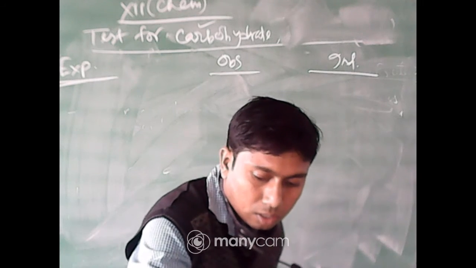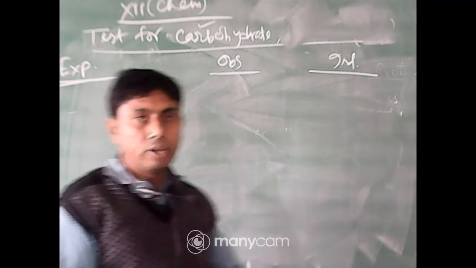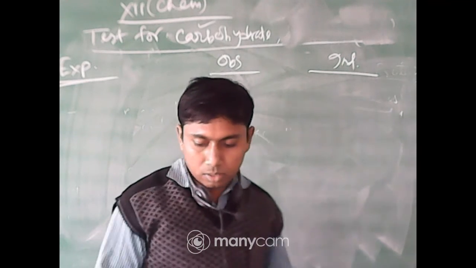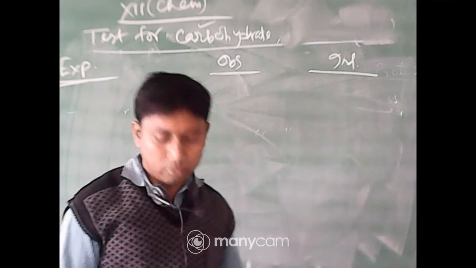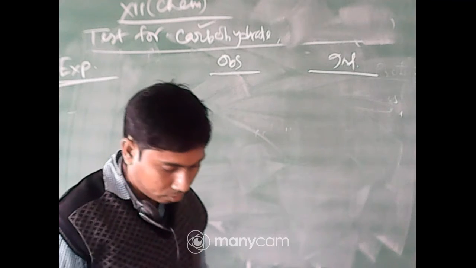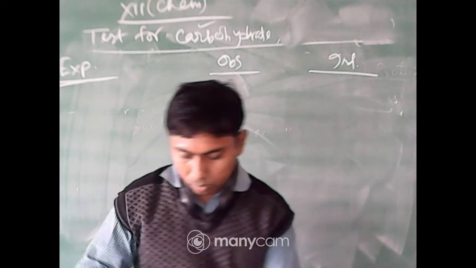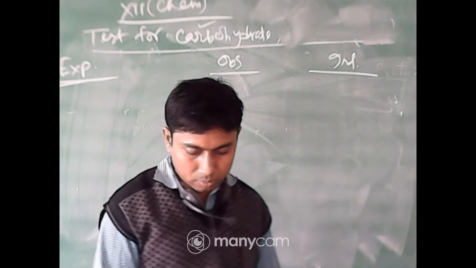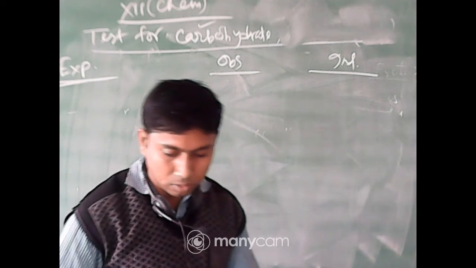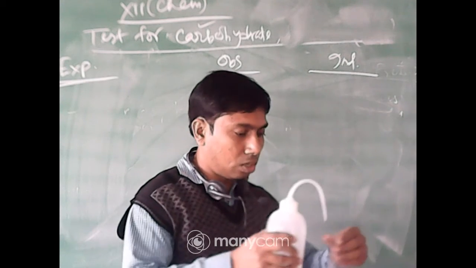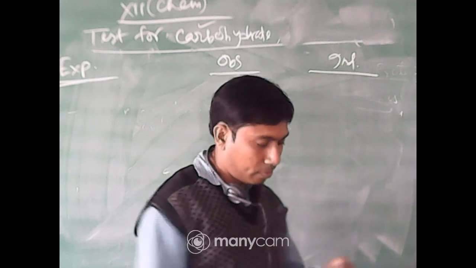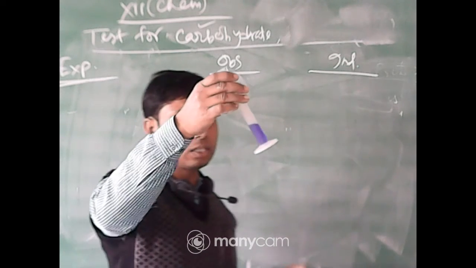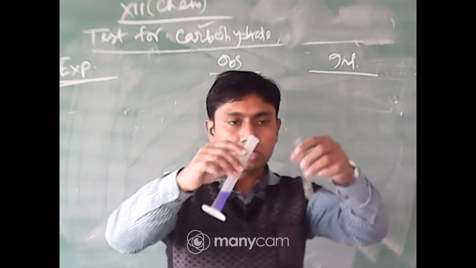Next one is the Fehling test. Now for this, again the aqueous solution of the sample, and then we will add Fehling solution. Fehling solution is a combination of Fehling 1 and Fehling 2 in equal amounts, it is given here.